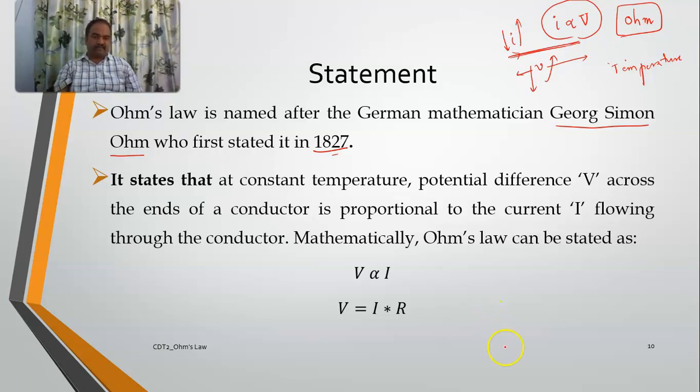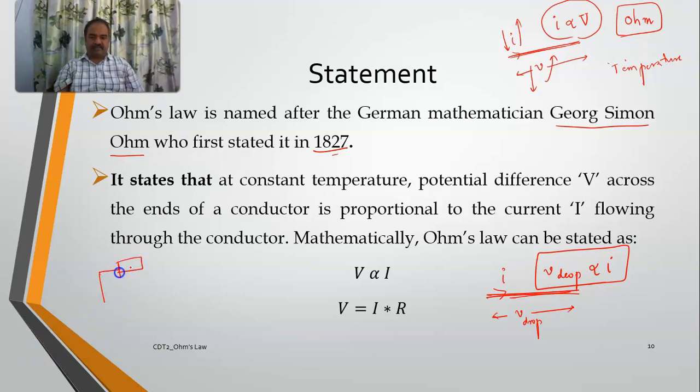Or in other words, I'll take a conductor. If there is a current flowing in this one, the potential drop which is created across it is proportional to the current flowing through the conductor. Okay. So don't get confused whether I is proportional to V or V is proportional to I. I'll give you a simple example.